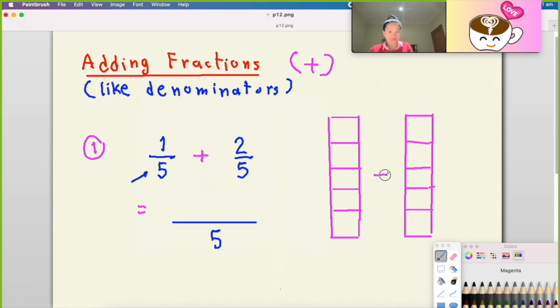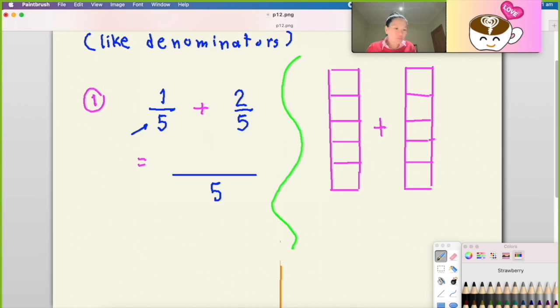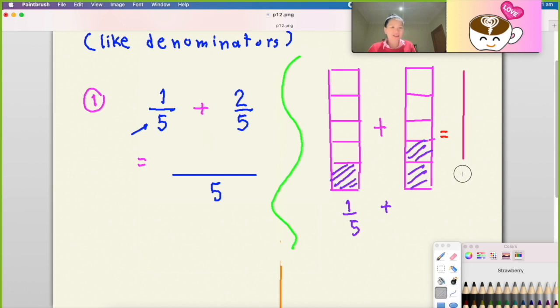If you add them, let me show you from here. This one is 1 out of 5, just one part. And then you add 2 out of 5, 1 2. So it equals 3 out of 5, if that makes sense.